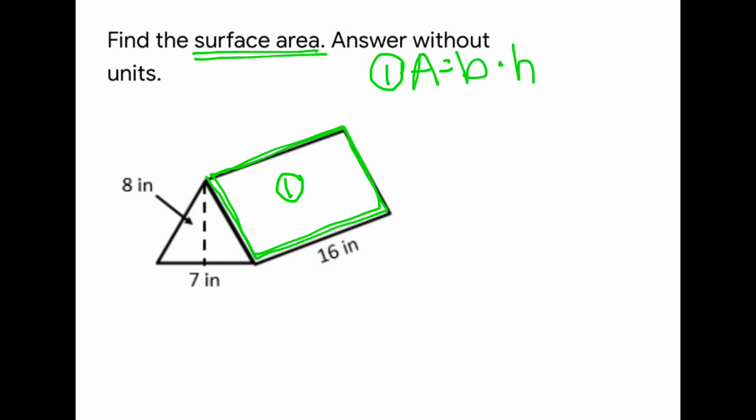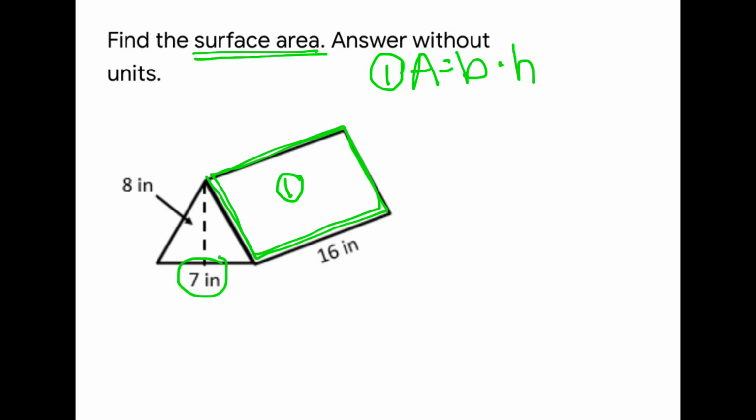We are unsure of our height here. One thing we need to know about this triangle is that it is called an equilateral triangle. And what that means is that all the sides of this triangle are equal.